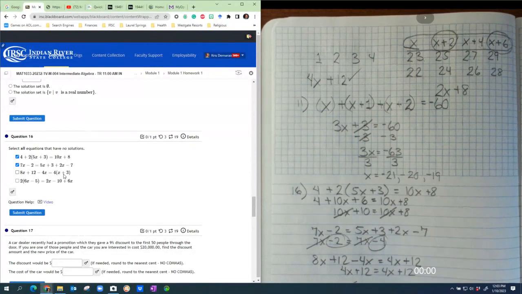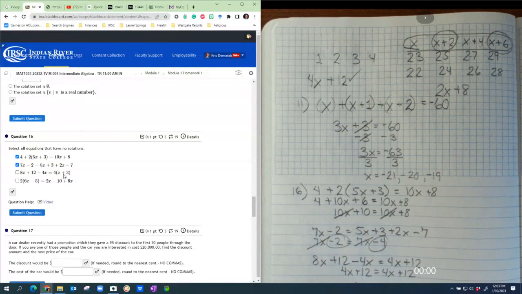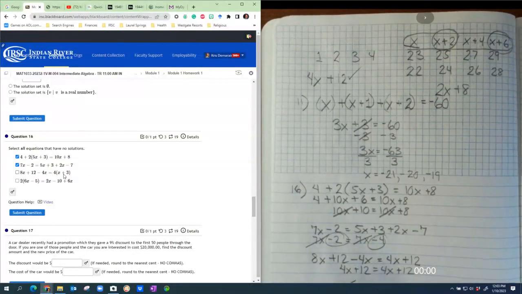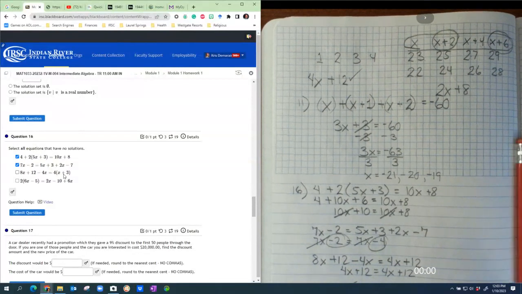These will cancel each other, but this will equal 0 because 12 minus 8 is 4. And that's 4x, excuse me. And then you're going to get 0. Well, you're going to get the value of x equals 0 for this because 0 divided by 4 is 0. So therefore, this one doesn't result in no solution.